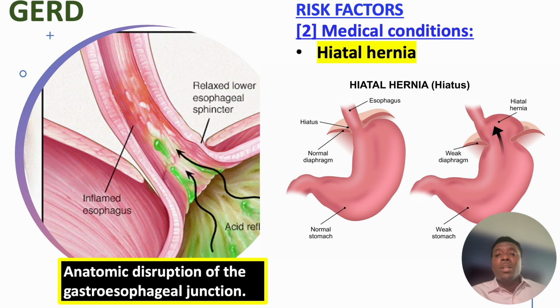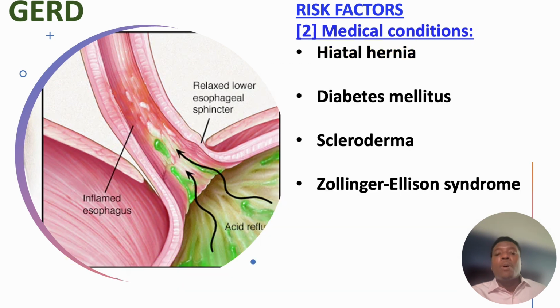In the hiatal hernia, the upper part of the stomach bypasses the diaphragm, and therefore you lose that additional control of the pressure in the lower esophagus, and that can result in causing GERD symptoms. That's an anatomic disruption of the gastroesophageal junction.